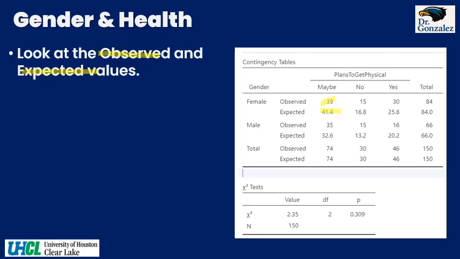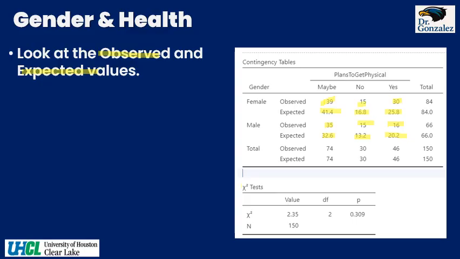For no, I should have seen 16.8 and I saw 15. And for yes, I should have seen 25.8 and I saw 30. For males, I should have seen 32.6, I saw 35. For expected, I should have seen 13.2 and I saw 15. And for yes, I should have seen 20.2 and I saw 16. So I've got my observed, my expected underneath here, all of my sums there.